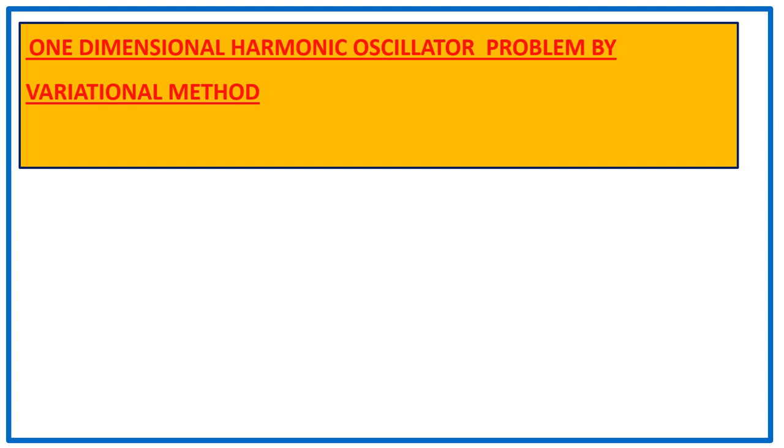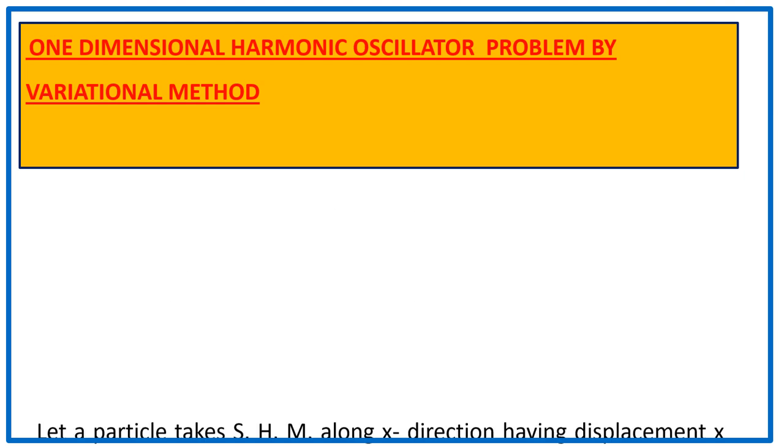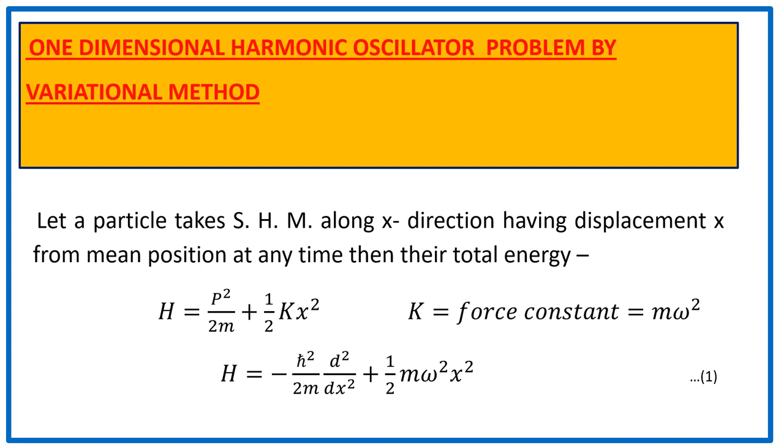Today my numerical problem is on the variational method: the one dimensional harmonic oscillator problem by the variational method. Consider a particle in simple harmonic motion along the x direction having displacement x from the mean position at any time.